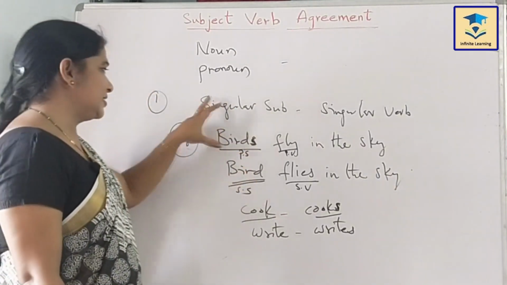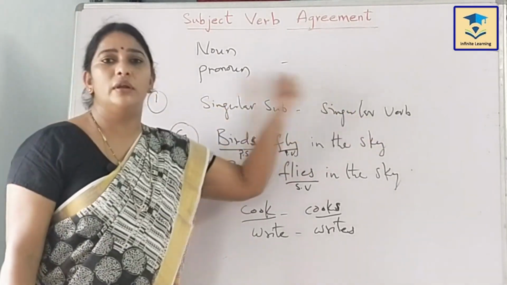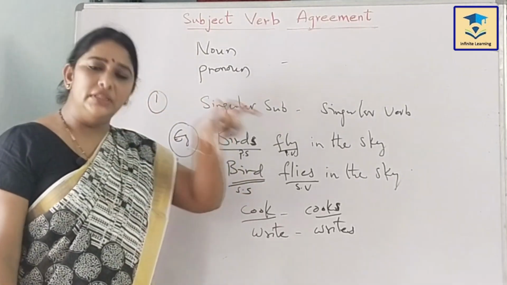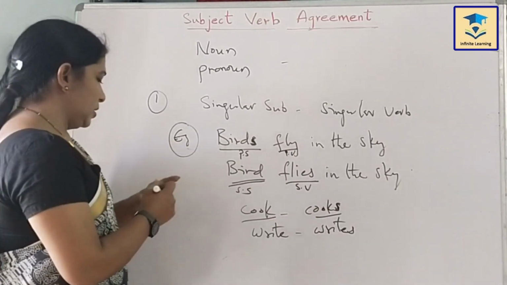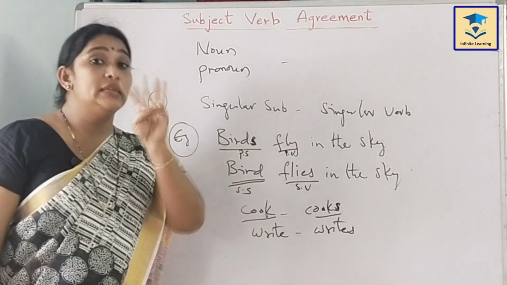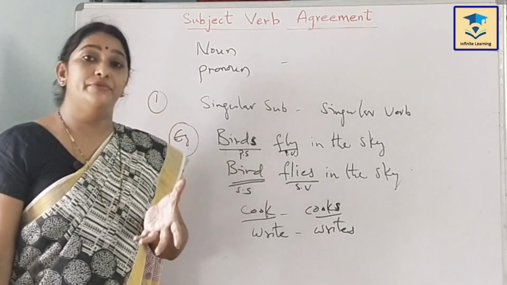Regarding this one. Got it? Singular subject, singular verb. Plural subject, plural verb. Got it? Subject should agree with the verb. And this we get in the simple present tense. Coming to the third person singular, S or Es is added to the verb.